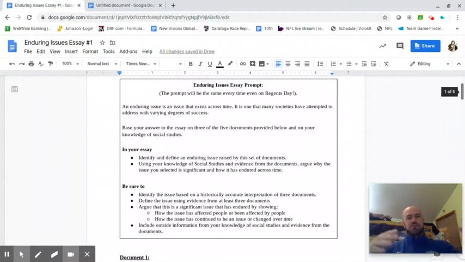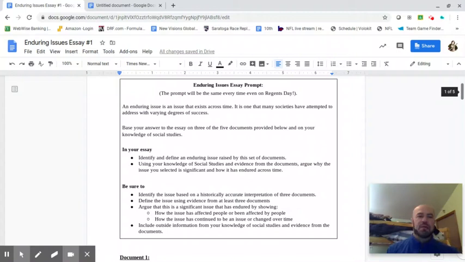You have a common thread that weaves through multiple documents from different time periods, or at least that contain information from different time periods. And you have to figure out a common thread that ties them together and then pick 3 of the 5 documents to place on that thread and then write an essay regarding that.